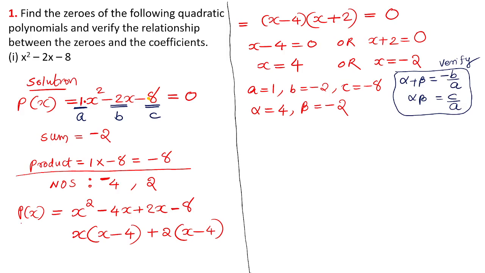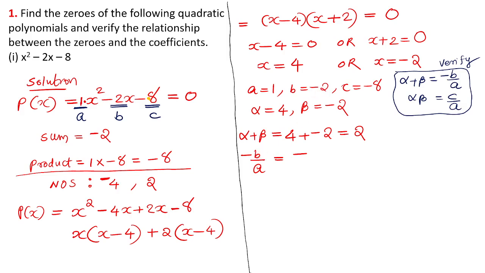So alpha plus beta equal to minus b by a. Let us find out alpha plus beta. Alpha plus beta will be 4 plus minus 2, which will be 2. Correct? Right hand side is minus b by a. Minus b by a will be minus of b. What is b? I have written that. B is minus 2.